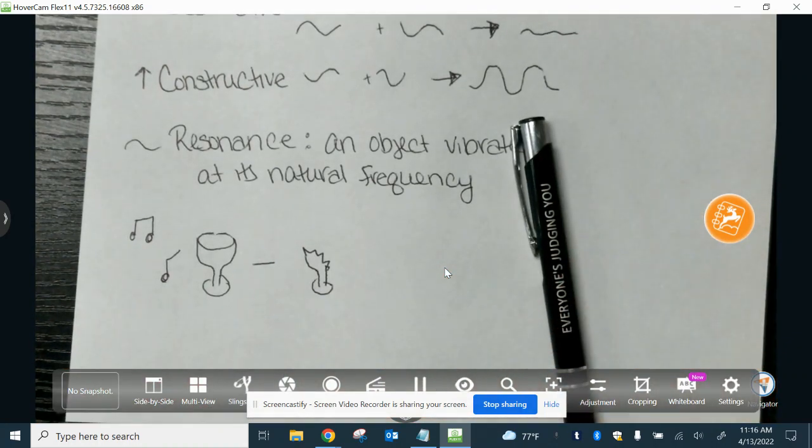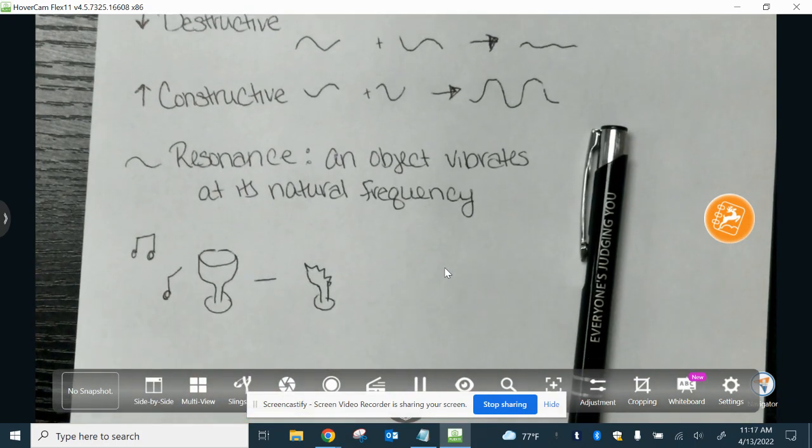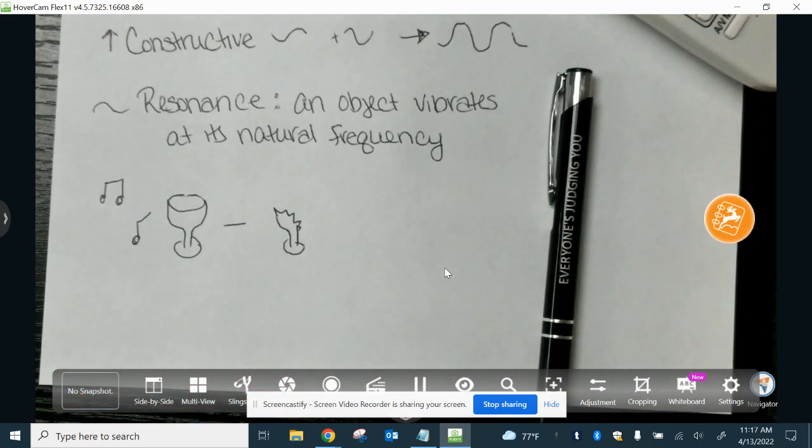This is what happens when you see opera singers sing in such a loud, intense voice that it breaks a glass. That's resonance. We typically see resonance with a tuning fork, which I'm going to show you in a second. If the opera singer can get to the glass's natural resonance, the glass can vibrate, and because it's held in a certain crystalline structure, it can shatter because the vibrations become too much.